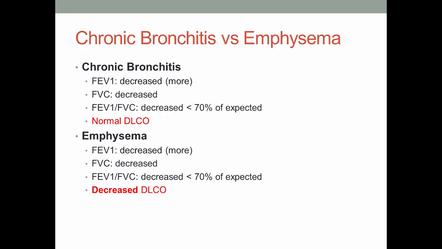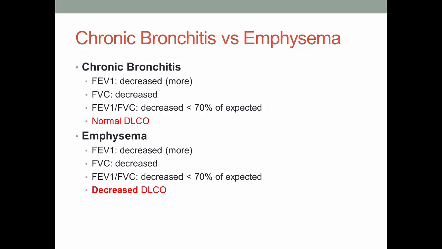So now the question becomes, we know that COPD has decreased FEV1, FVC, and the ratio is decreased as well. But how do you tell whether the patient has chronic bronchitis versus emphysema? Now, we went over the history and the physical, so maybe the patient's cyanotic and maybe they're obese, but in the real world, everything is not that cut and dry.